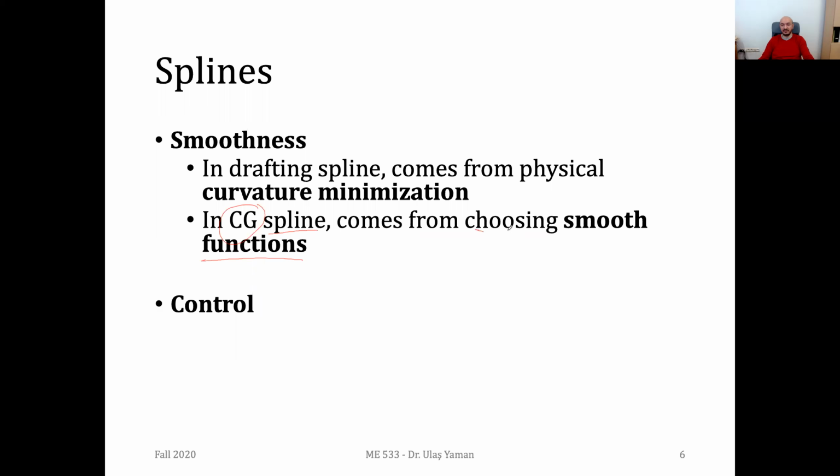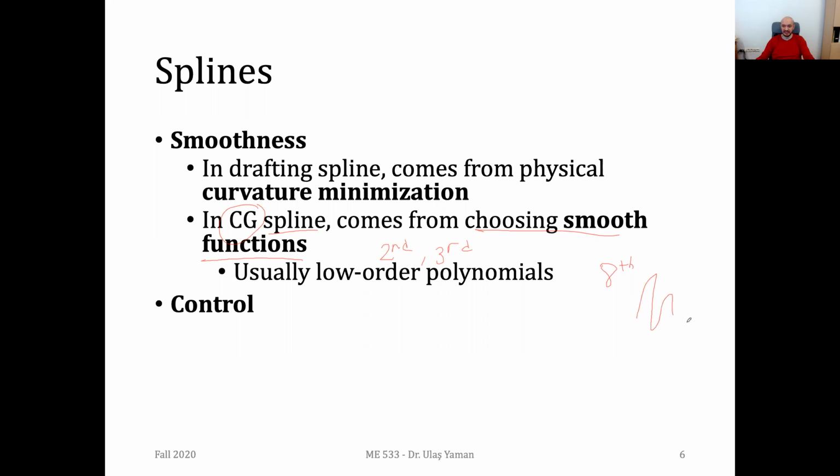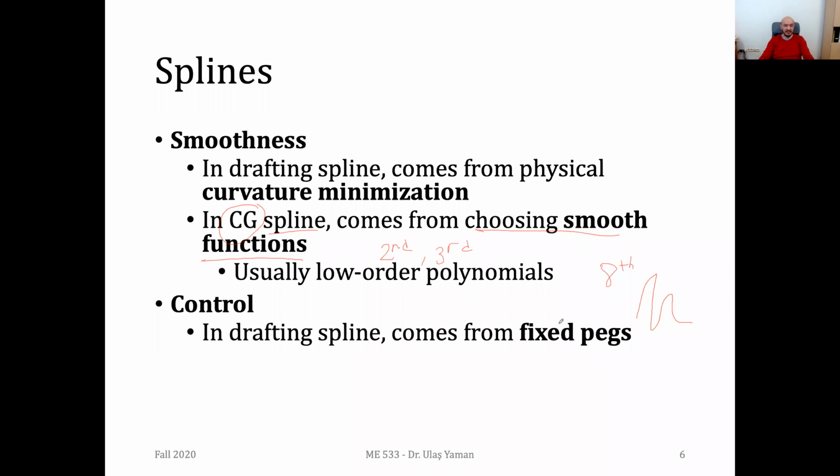You need to make use of smoother functions, and this is mostly done with low-order polynomials, usually second or third order polynomials. If you have an 8th-order polynomial, then most probably you have such kinds of wiggles, and this is not smooth, as you see.